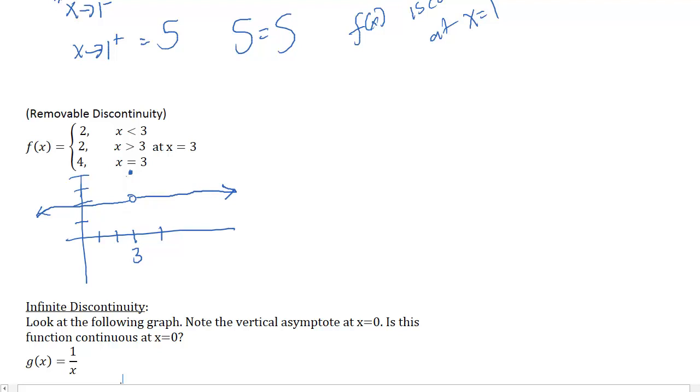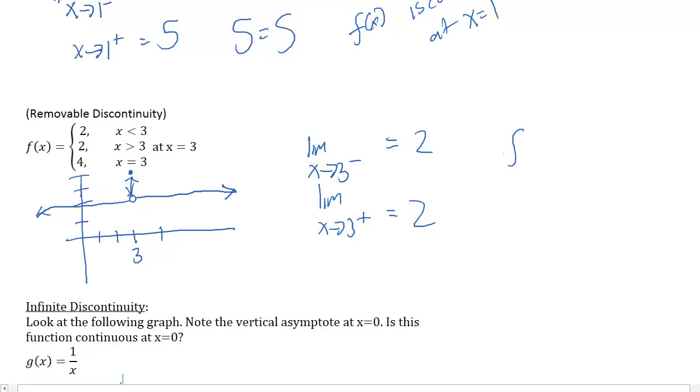And this is called removable discontinuity. Sometimes it's called hiccup discontinuity, just because it kind of pops out of there. So if we evaluate this for the rules, the limit as x approaches 3 from the negative, and the limit as x approaches 3 from the positive or from the right direction. And we get them both equal to 2, because it's approaching 2 from each side, as you can see.